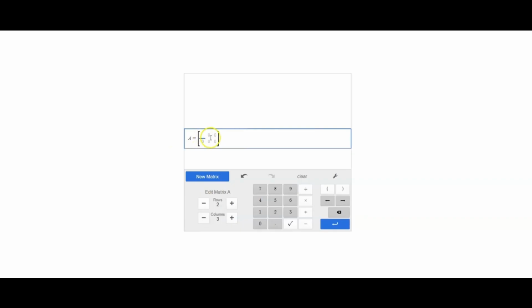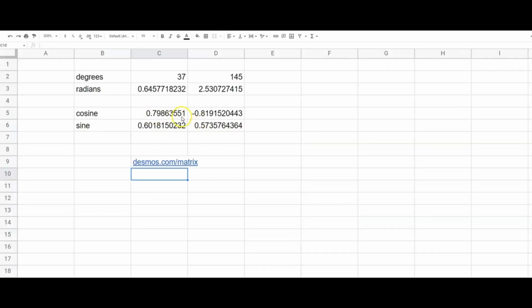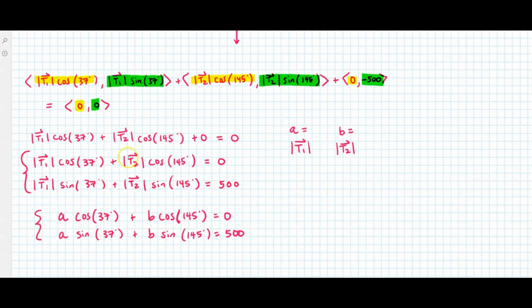These entries I'm going to fill in with the values that we found here, because those correspond to cosine of 37 degrees, cosine of 145 degrees, etc. So basically I'm going to put in this entry, and then 0 in the first row, and then sine of 37 degrees, sine of 145 degrees, and 500.